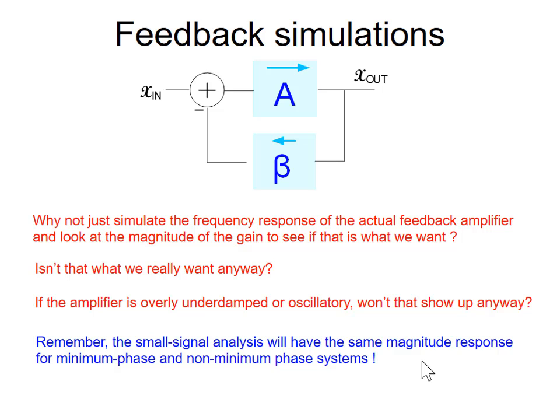But the magnitude response is identical for symmetric zeros and poles in the transfer function. If you have a pole here and here, or you have a pole here and here, the magnitude response will look the same. Make sense? So you can't see stability issues in the magnitude response.